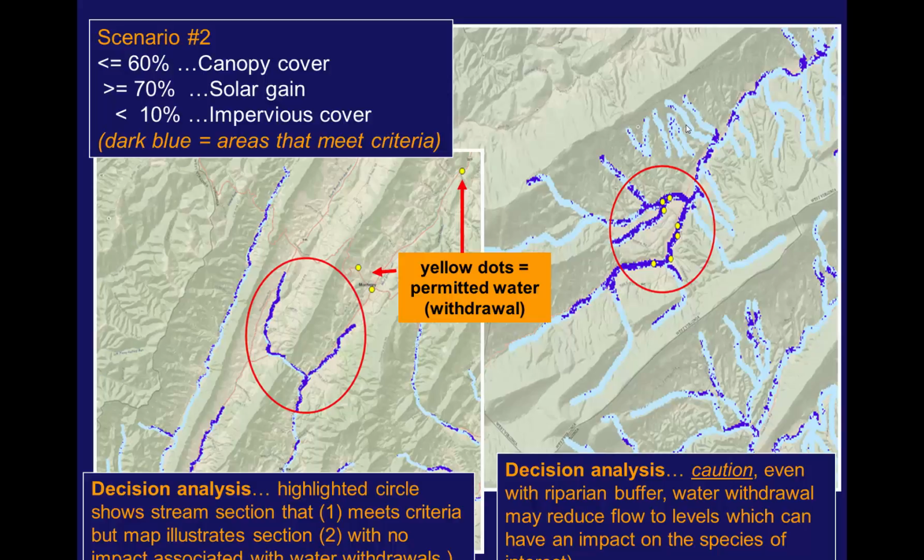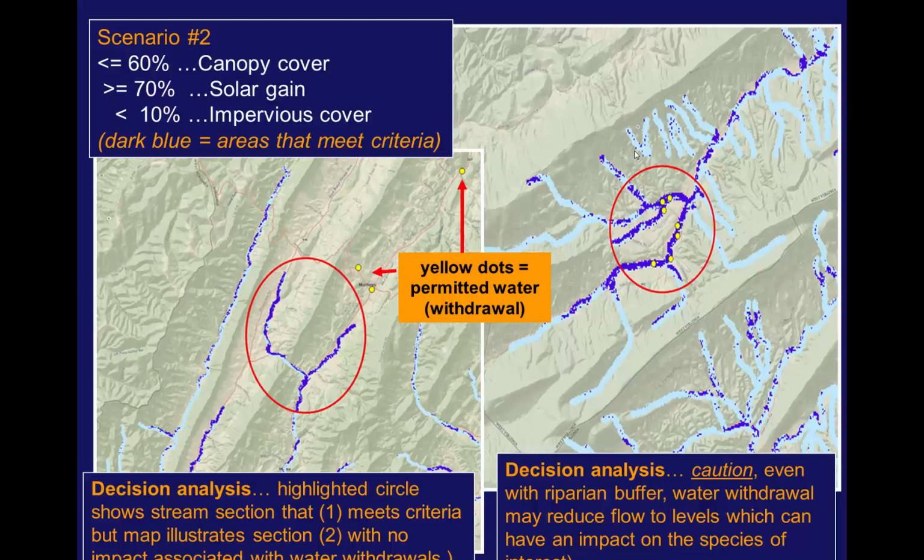The example on the left shows an area highlighted in the red circle that met all the parameters, as shown in the upper left-hand portion of the screen, and the yellow dots in the map indicate permitted water withdrawals. This area had a lot of dark blue that met the criteria established in the riparian tool, and there are also not that many permitted water withdrawals. So you would not expect as many flow impacts in this area.